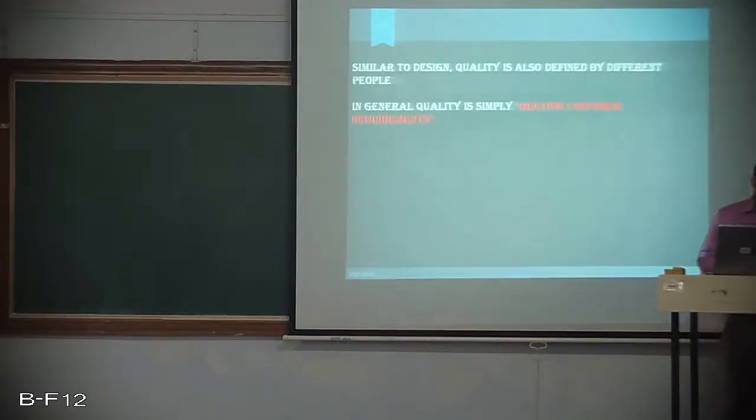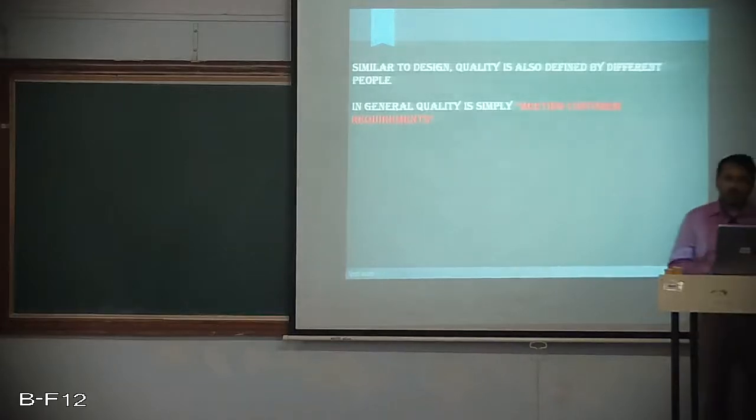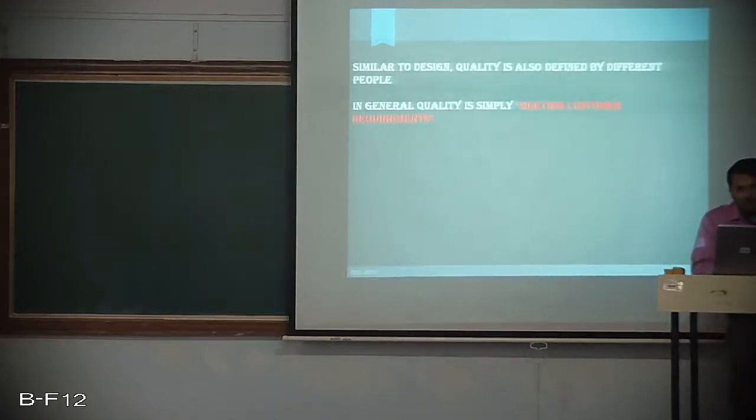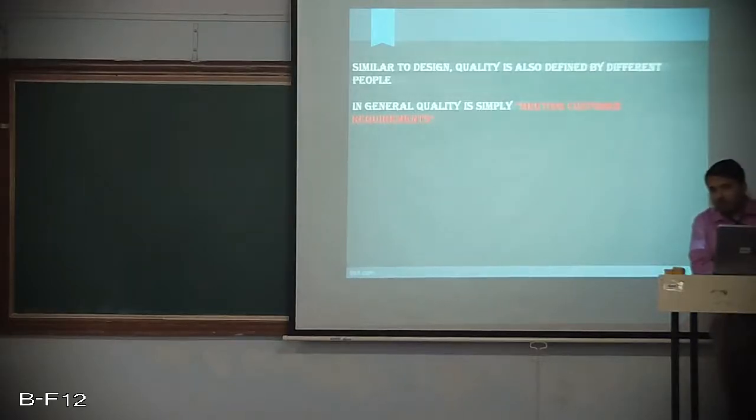Similar to design, quality is also defined by different people. Is that true? Yes, it is true, because a lot of people are involved in defining quality. Hence, it is defined by different people. In general, quality is simply meeting customer requirements with respect to dimensions, aesthetics, design, functionality, appearance, life, and reliability.